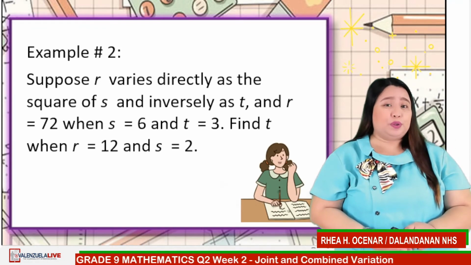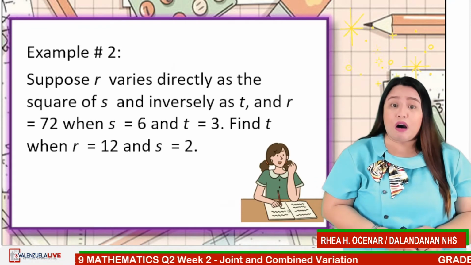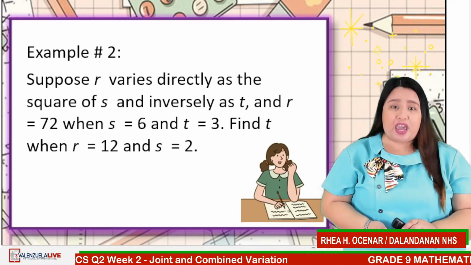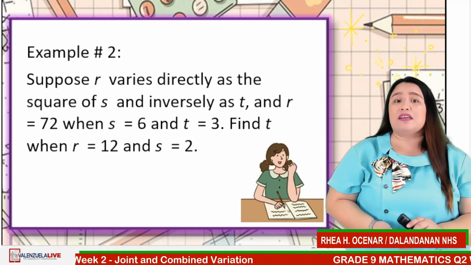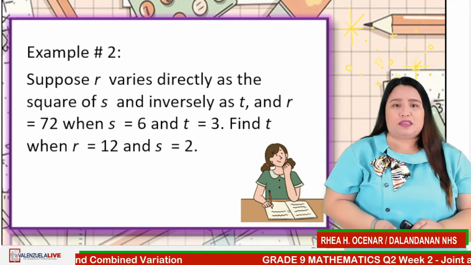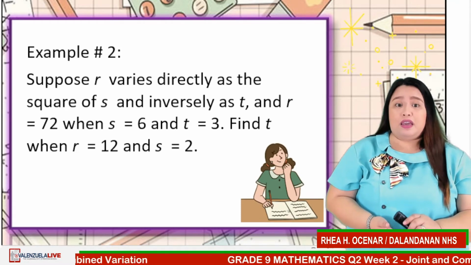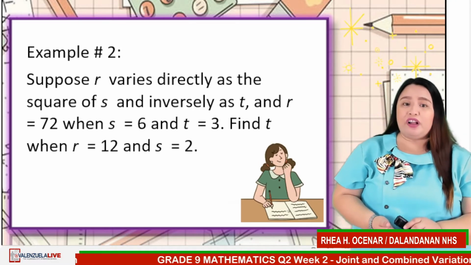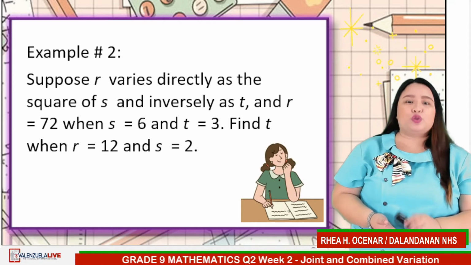Example number 2. Suppose r varies directly as the square of s and inversely as t, and r is 72 when s is 6 and t is 3. Find t when r is 12 and s is 2.